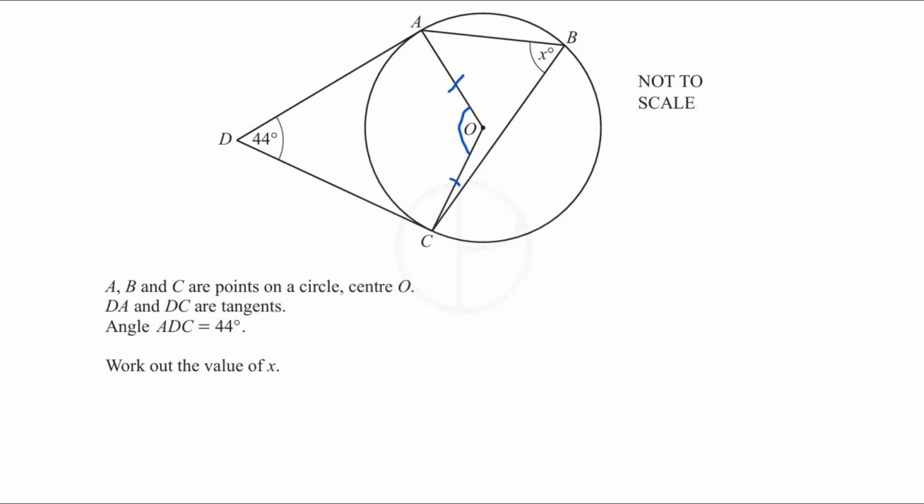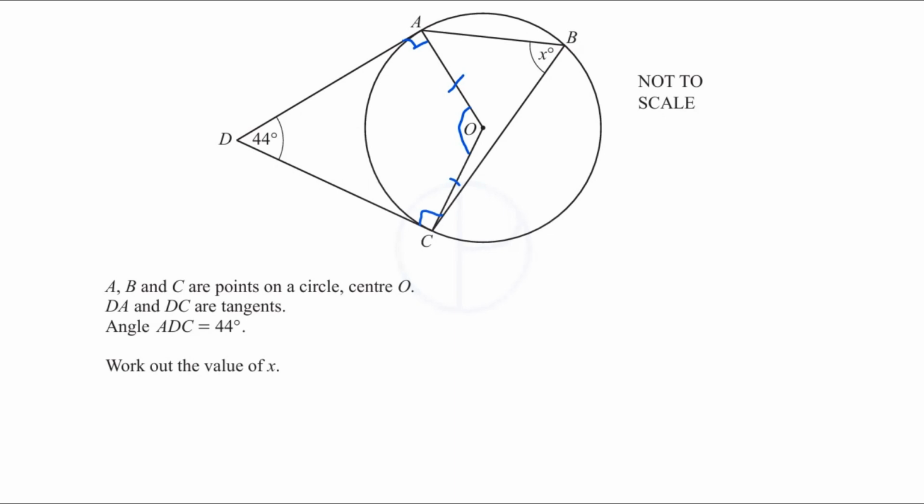So angle at A will be 90 because tangent and radius meet at a right angle. So angle at C is also 90 degrees. So angle DAO is 90 and angle DCO is also 90 degrees.